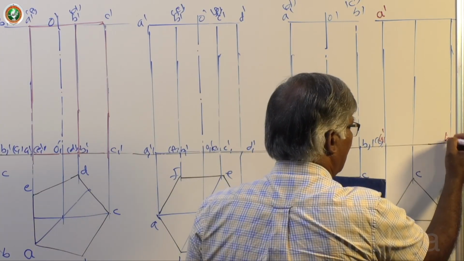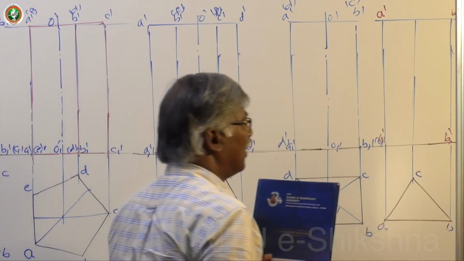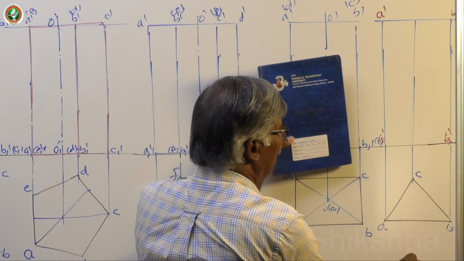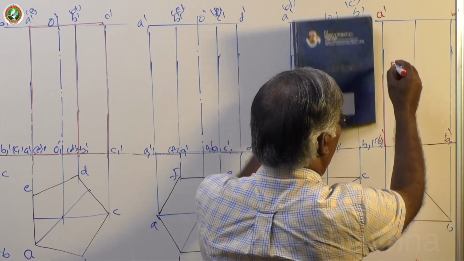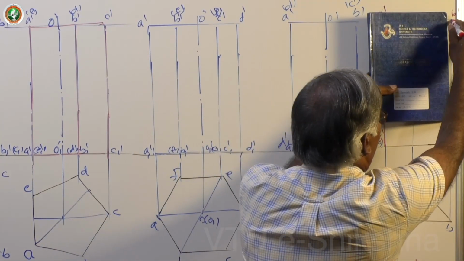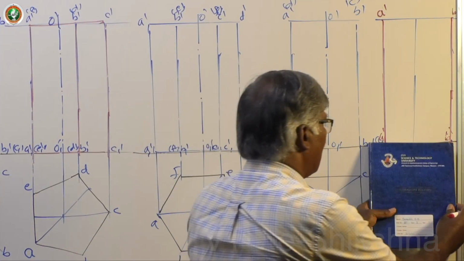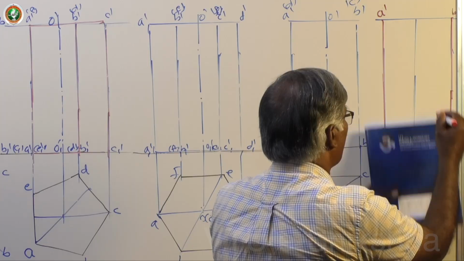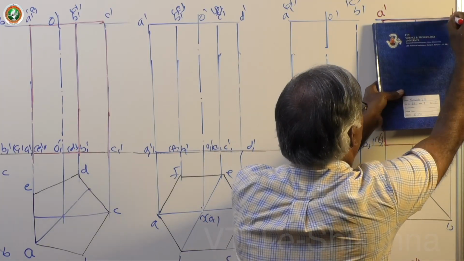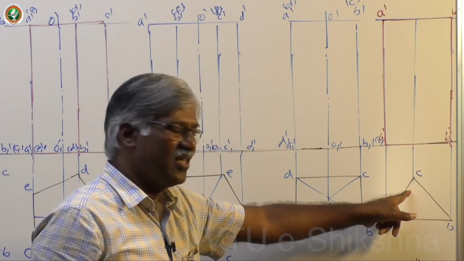This is B dash, B1 dash. These two are visible from this direction. Now dark that first. Then invisible edges. The only invisible edge available is CC1.